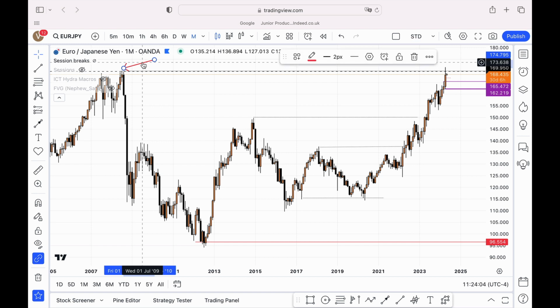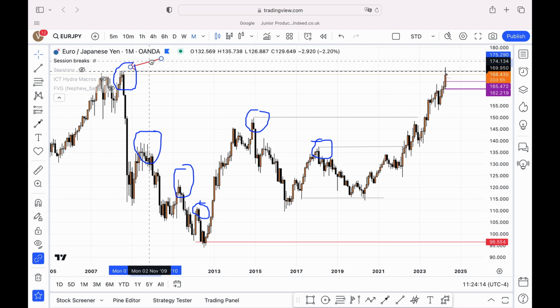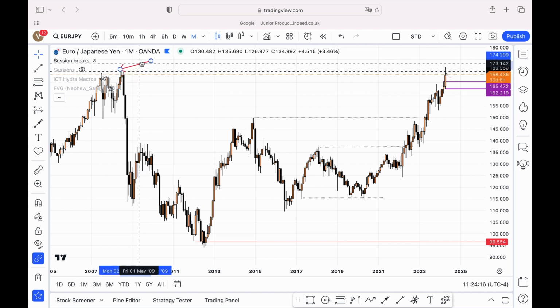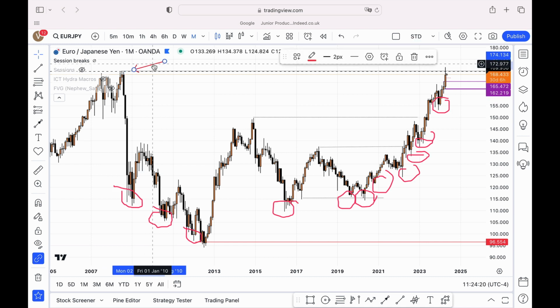So where does liquidity reside? In simple terms, liquidity resides above old highs, in this example right here. So there's an old high right here, or it resides below old lows. So an example right here.